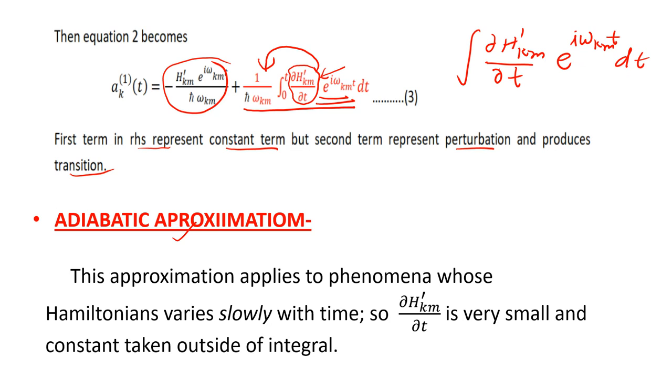In case of adiabatic perturbation, this change is very small and approximately constant, so it will be taken outside of the integral. And in sudden approximation, this will be taken outside of the integral, and this is taken inside of the integral, and this will be taken outside of the integral.